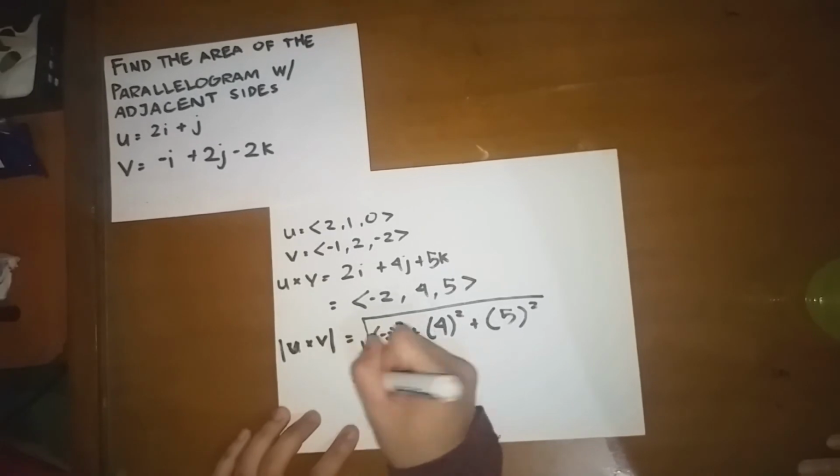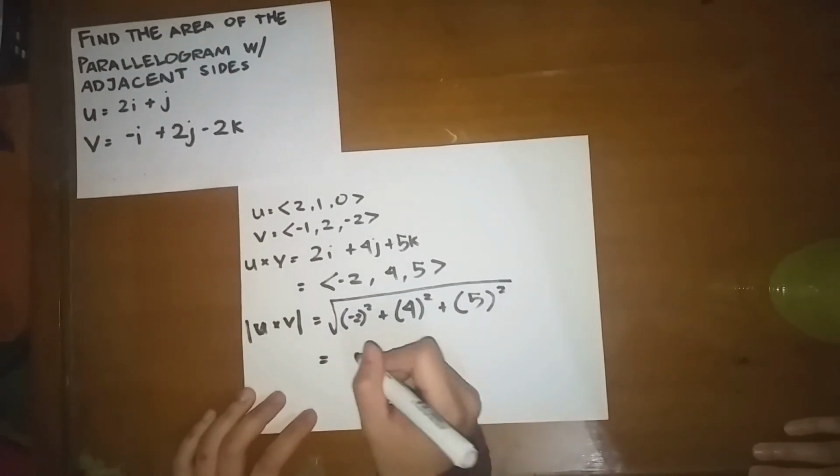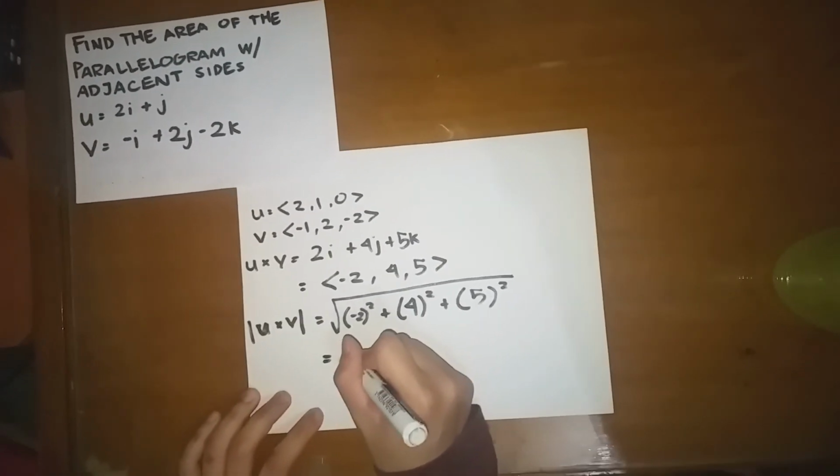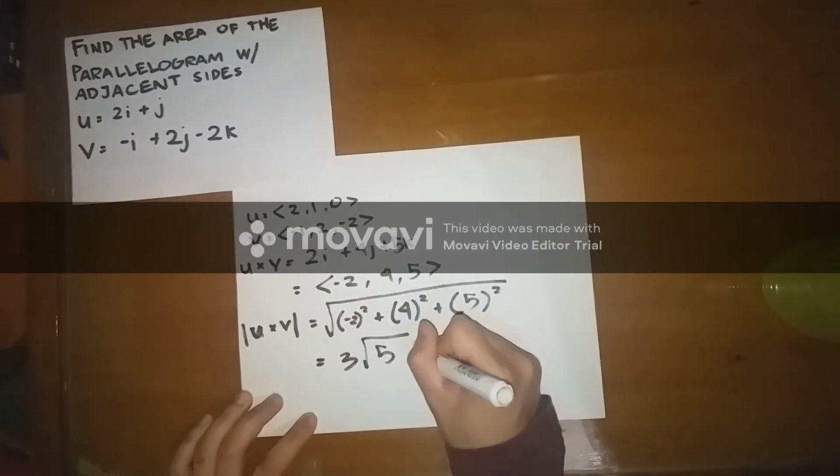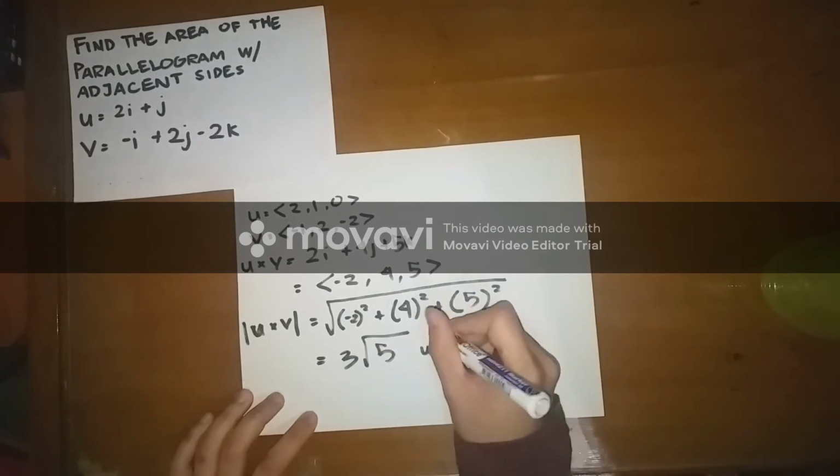We have the answer of 3 square root of 5 unit squared.